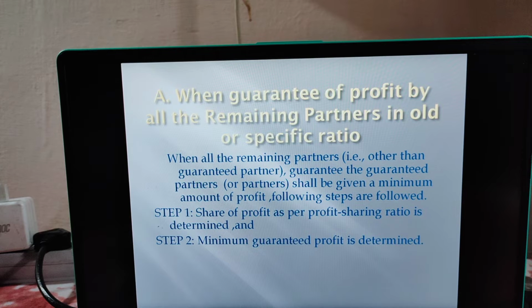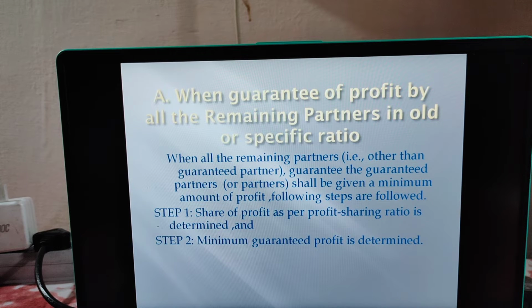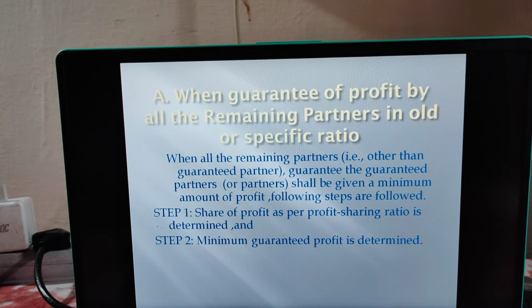Then we follow two steps: the share of profit as per the profit sharing ratio is determined, and then the minimum guaranteed profit is determined.